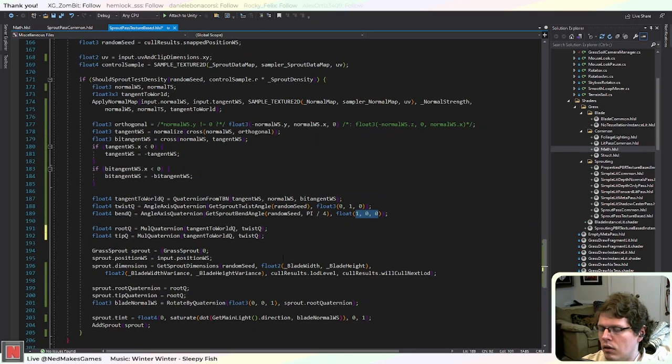Let's see. Oh, actually, yeah, we do, because when we interpolate, that'll be how we get a smooth curve, I think.